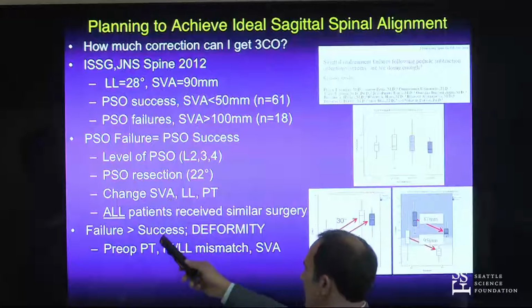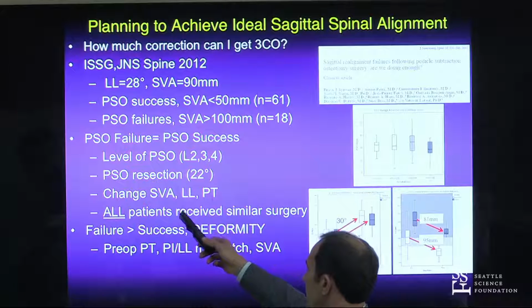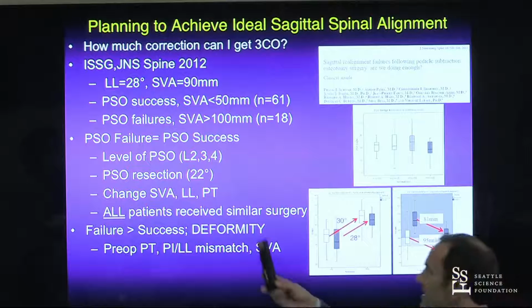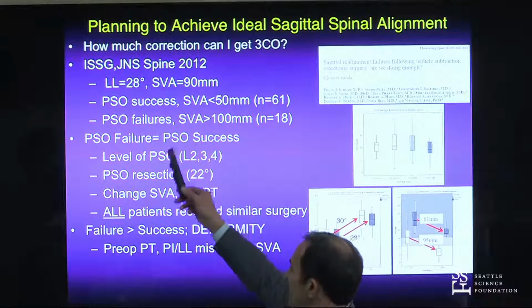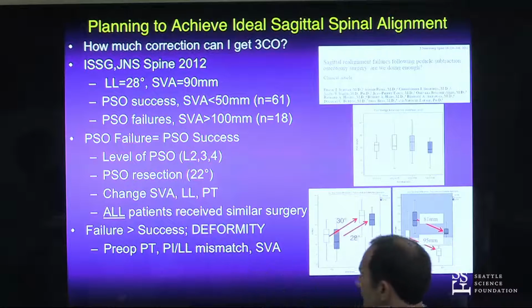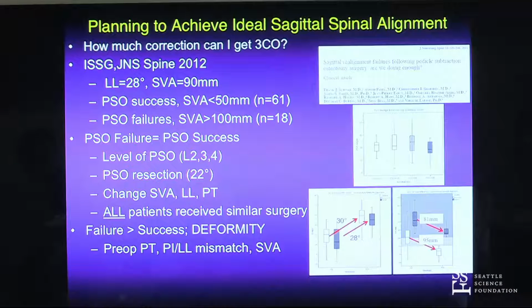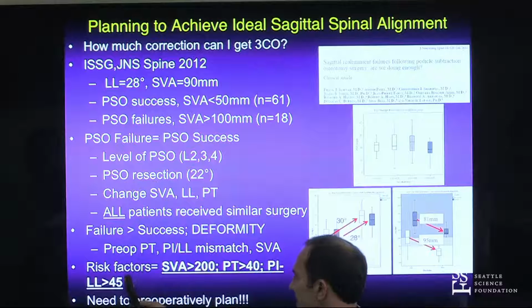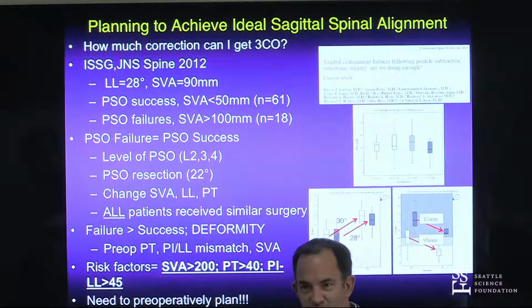The change in SVA, lordosis gap, and tilt was the same. So what happened for the successes and failures is they all received the exact same surgery, but the difference is the failures had larger deformities.